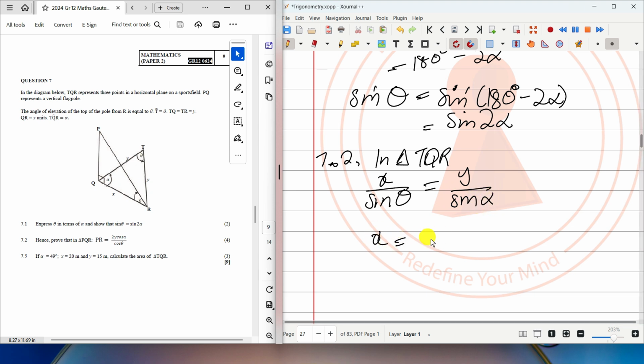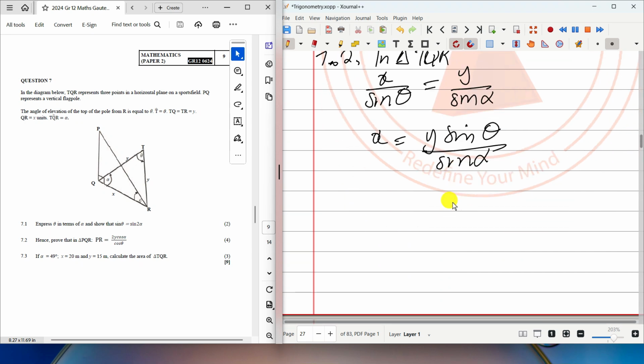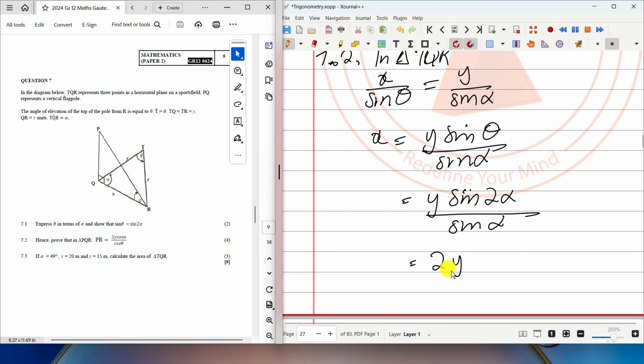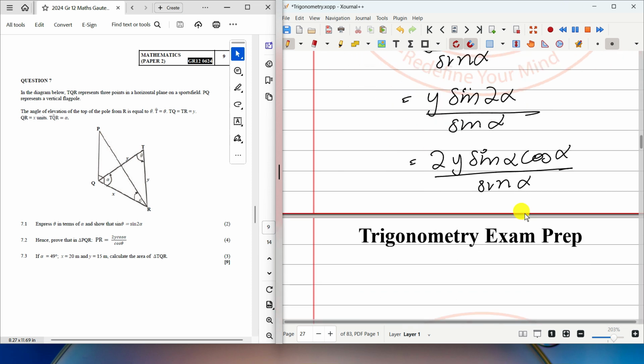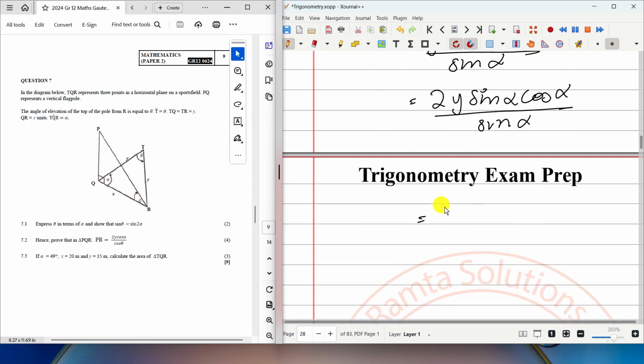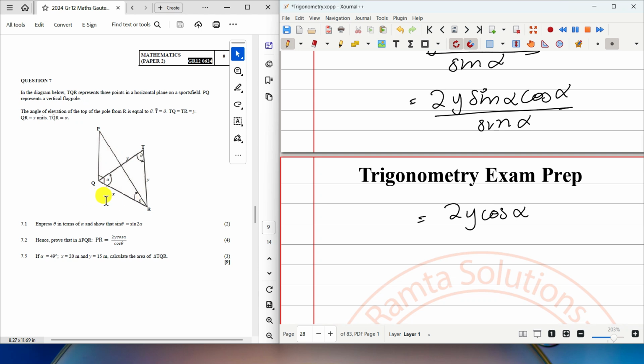So x equals y sine theta over sine alpha. We said sine theta is equal to sine 2 alpha, which is a double angle. So this is 2y sine alpha cos alpha all over sine alpha. Therefore x is 2y cos alpha. This is the value of x.